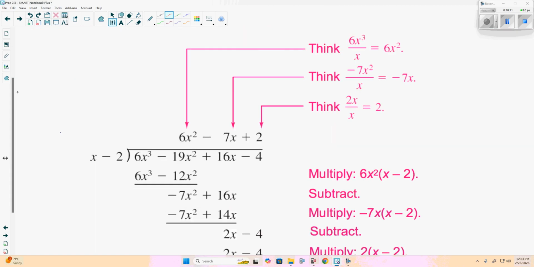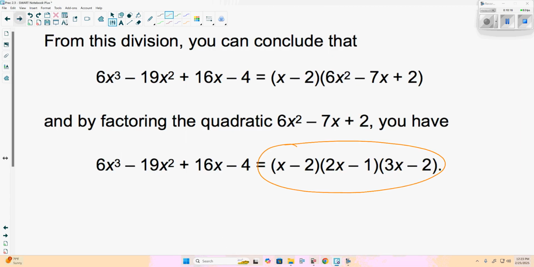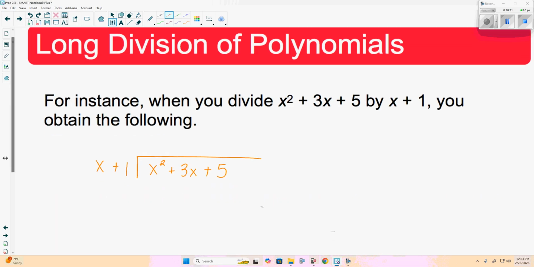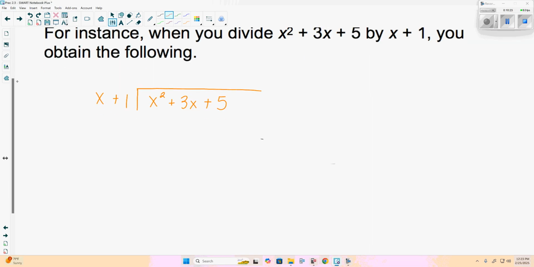To get the first term of each term, we take the first term in the expression and divide it by the first term in the expression outside. So when we look at this here, the first term in the expression for this here is x squared. Our first term in our expression outside is x. So another way we can get this first term is we can start off by x squared divided by x, which is just x. So the first term we're going to multiply through in our division step is going to be x.